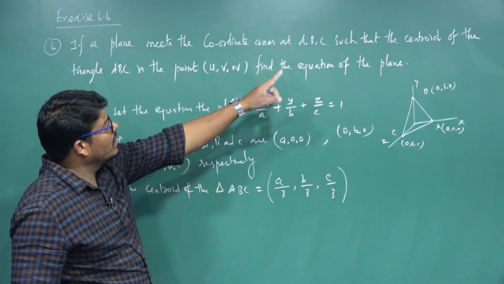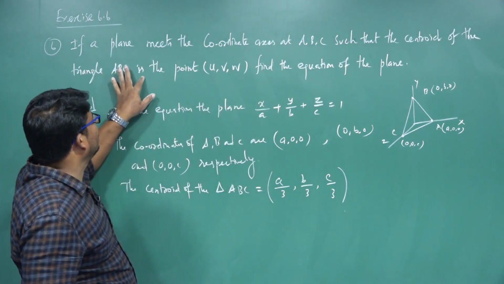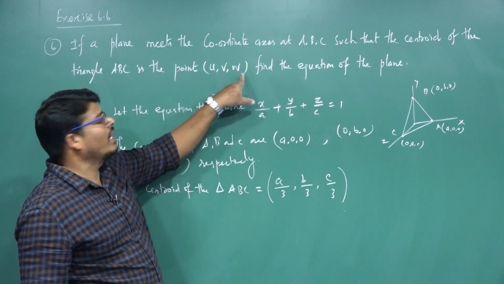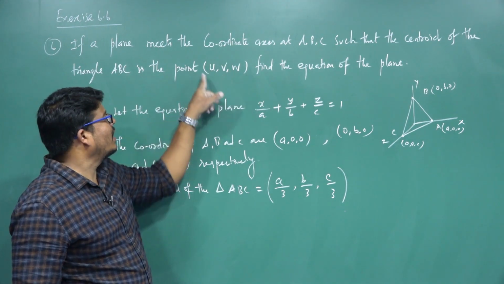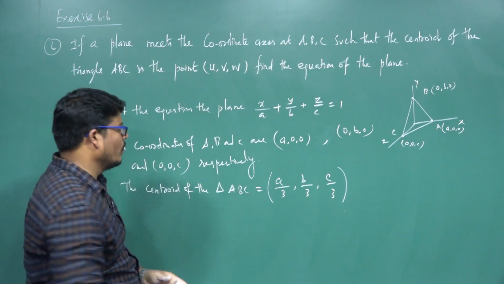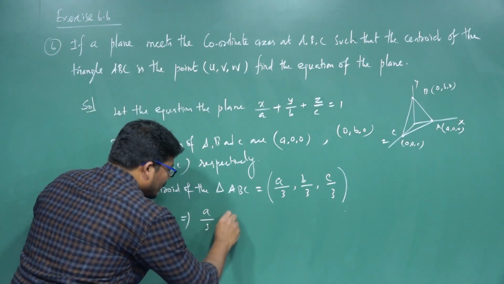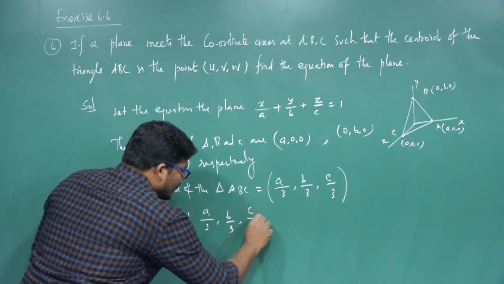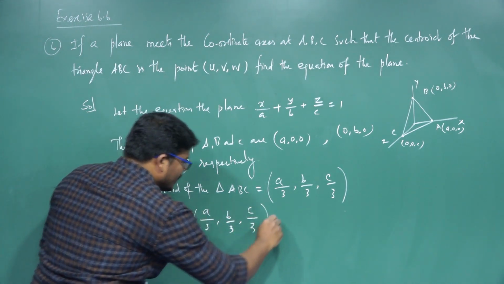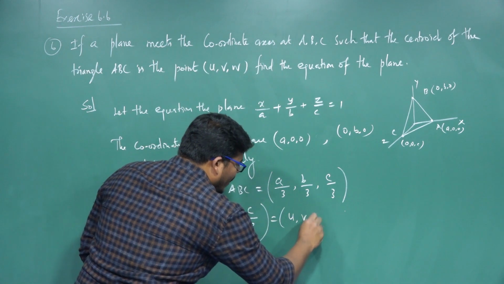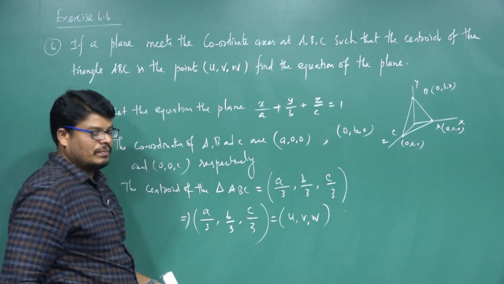Given in the question, the centroid of the triangle ABC is the point u, v, w. So this implies a by 3, b by 3, c by 3 equals u, v and w.